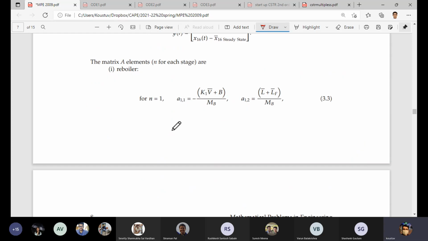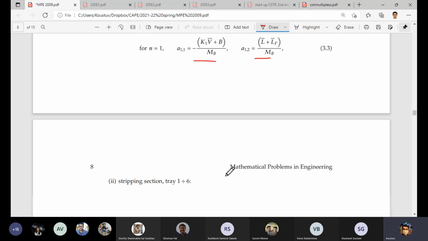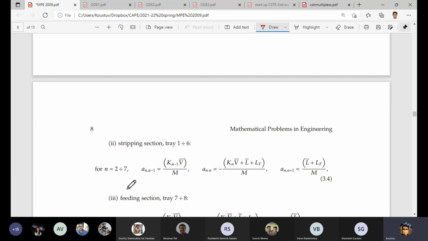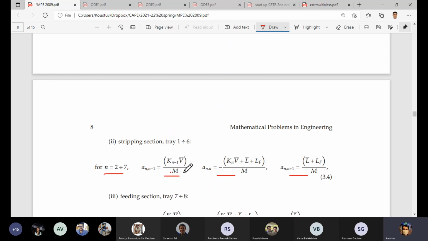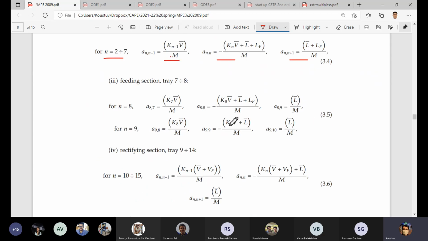These are the elements of the matrix A, and similarly we can also do it for matrices B and C. These are all written symbolically because there are more than two equations. For all the trays we have written them down, and you can see the coefficients.